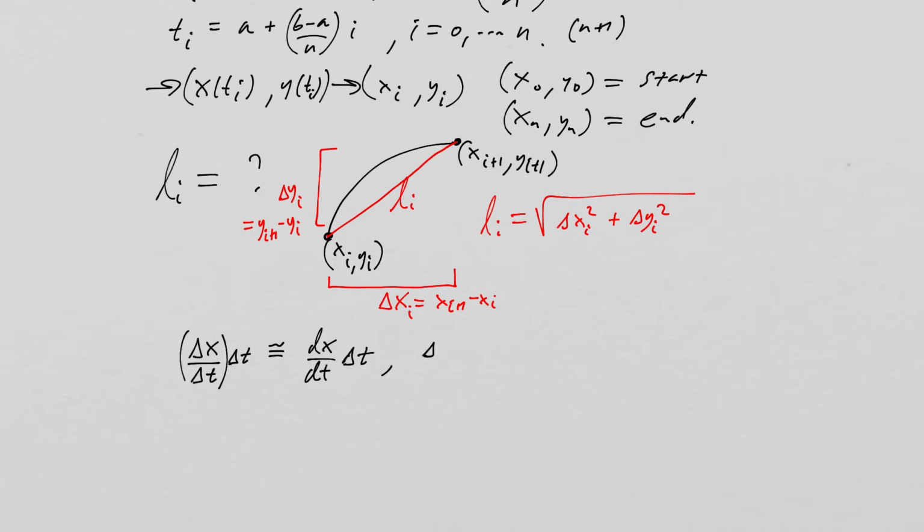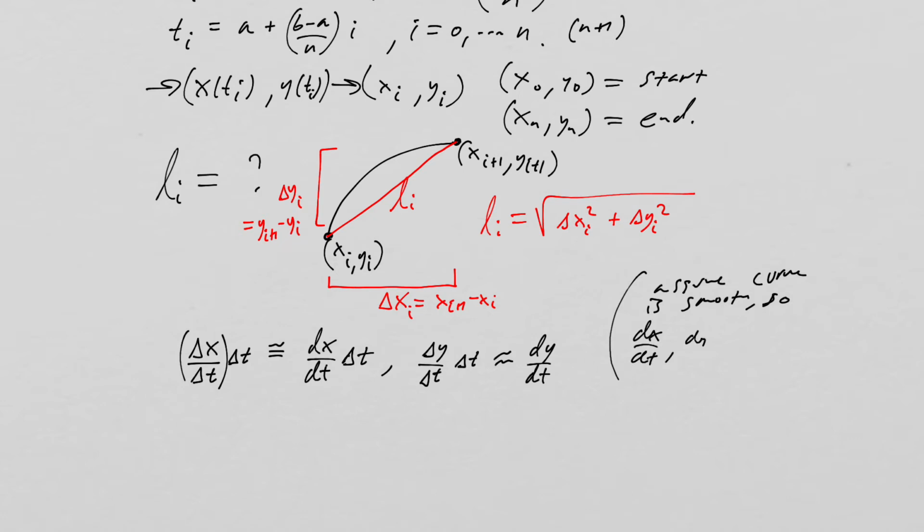Okay, we do the same thing for the y as well. That'll be approximately equal to dy/dt times delta t, right? And basically, we're going to assume the curve is smooth, so that dx/dt and dy/dt are easy to compute.